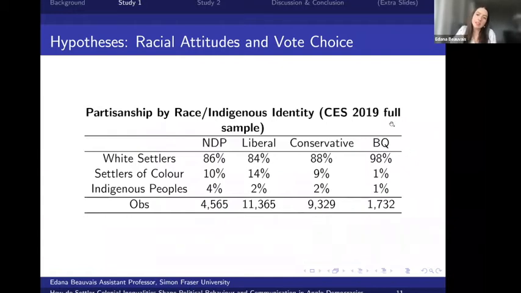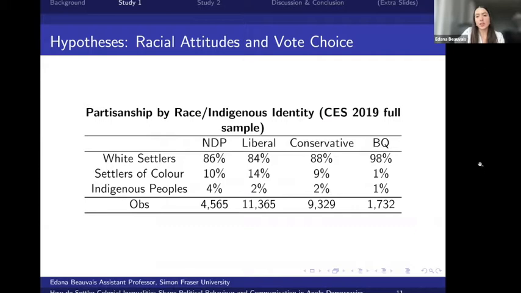And then this last column here, those of you who don't know much about Canadian politics might not be familiar, but this fourth party is the Bloc Québécois. This is the Quebec nationalist party that only runs in the French region of Canada, in Quebec. It advocates for greater sovereignty or maybe even separatism of Quebec from the rest of Canada.